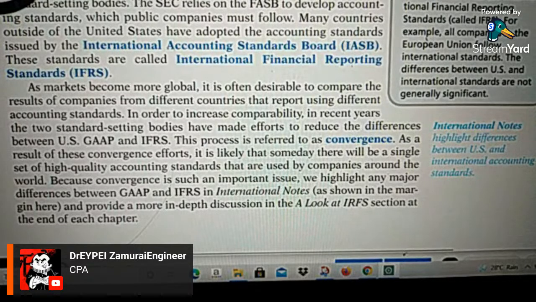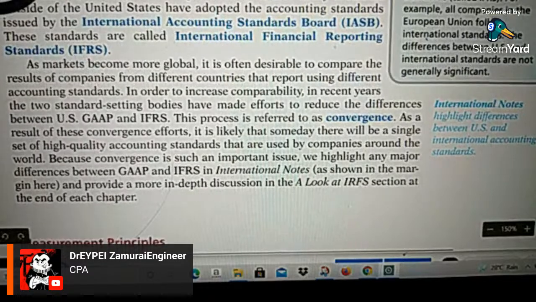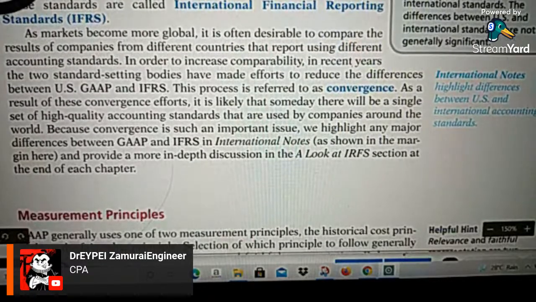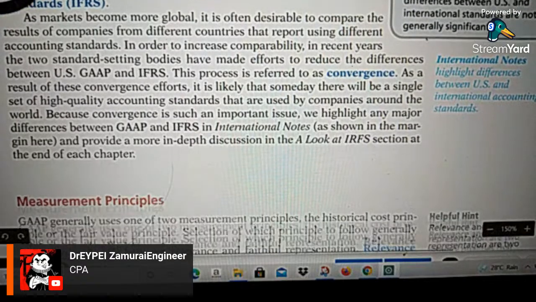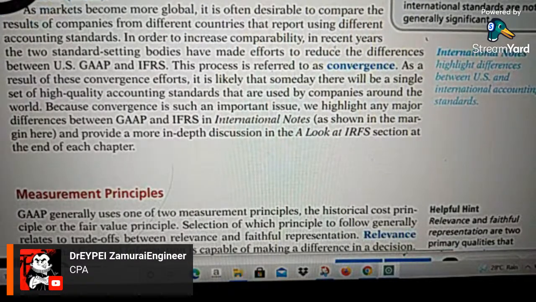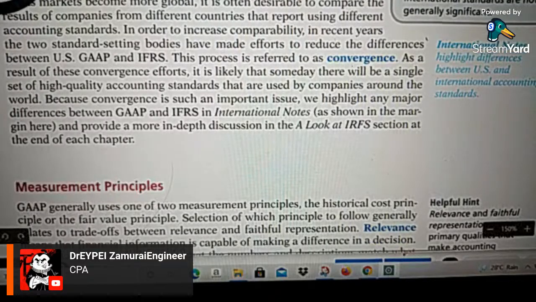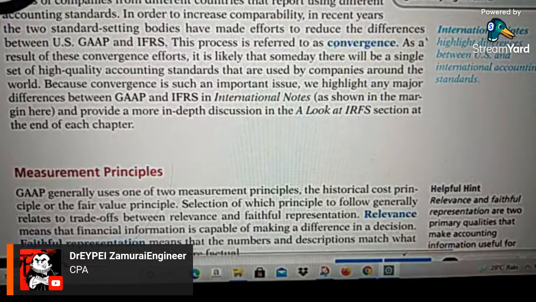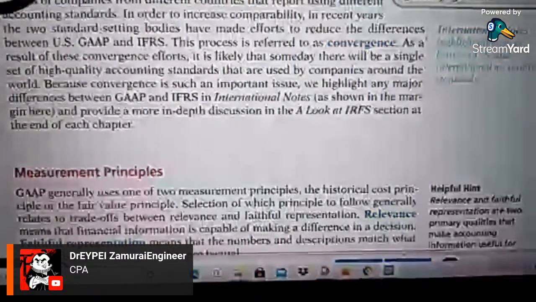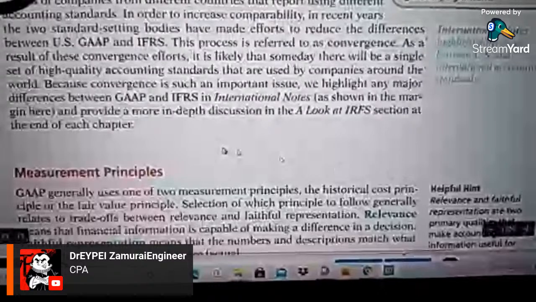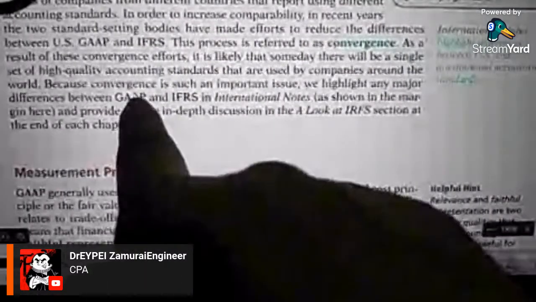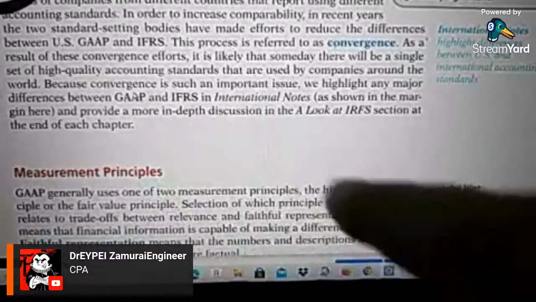Okay? In Japan, I don't think so. They are using another standard. Okay? So GAAP and IFRS are different standards. Okay? So here, in this GAAP, IFRS, different standards yan. No?